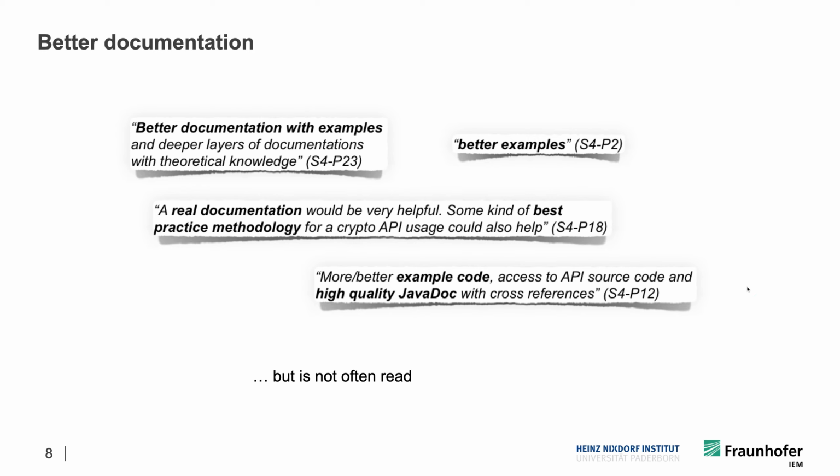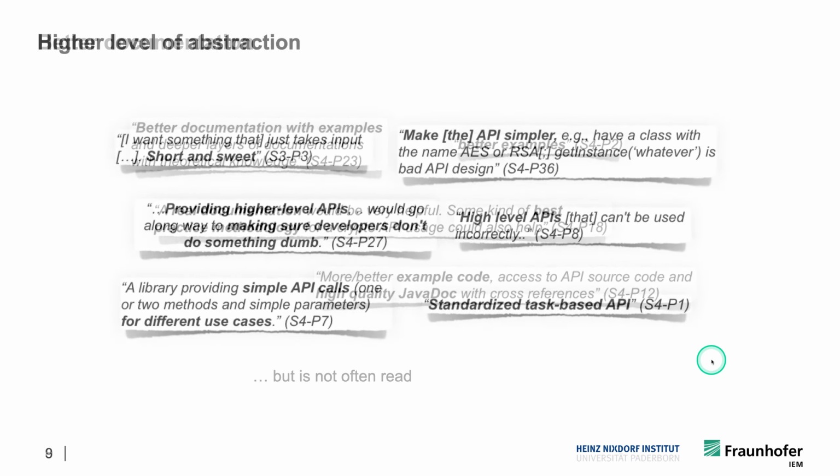So for the case of Java, if you look into the documentation of the Java Crypto API, the JCA, if you were to print it on A4 paper, it would be about 70 pages long, 70 pages, right? So that's quite a bit. And almost no person, I think, who uses that API has read it in full. And by the time you've read to the end of it, you've probably already forgotten the start, right? So I think it's somewhat wishful thinking. Better documentation might certainly help to some extent, but personally, I don't believe it's the right solution.